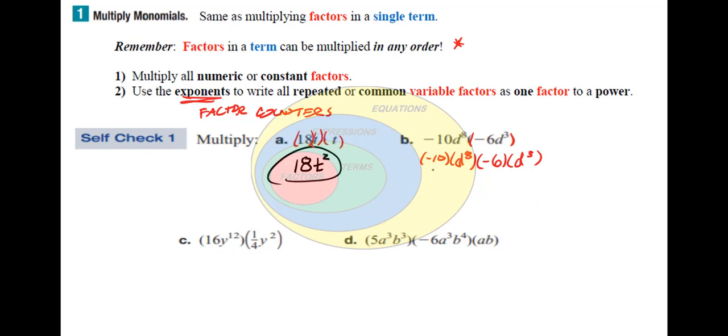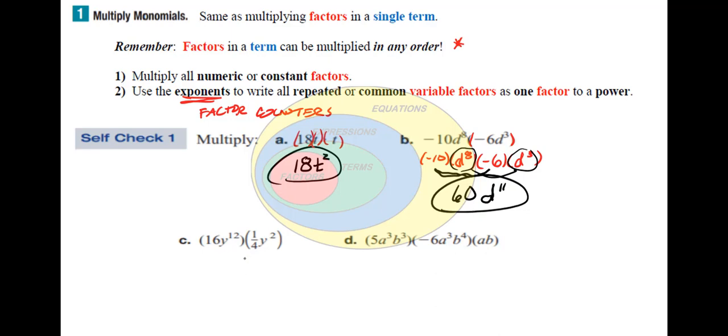The first thing we'll do is multiply the constant factors. -10 times -6 is 60. And then d to the 8th and d cubed are all factors of d. Just using the powers, I have 8 factors of d and 3 factors of d. That would be the same as d to the 11th power.